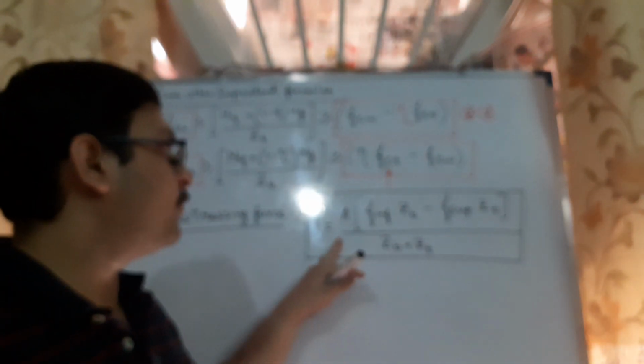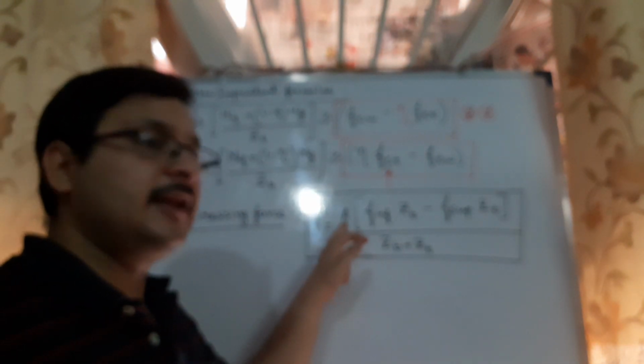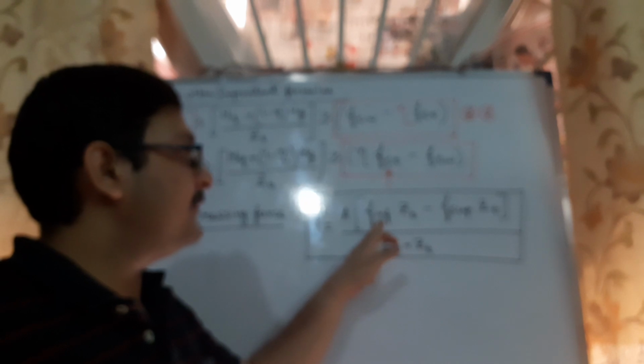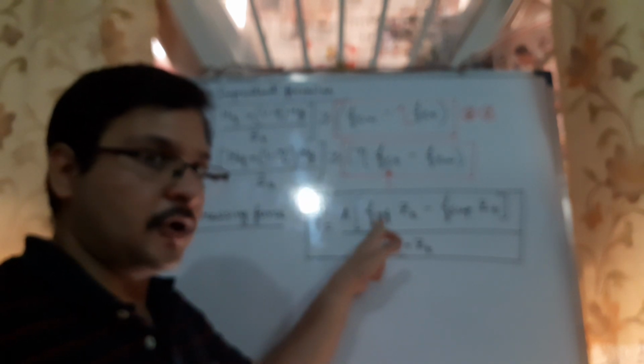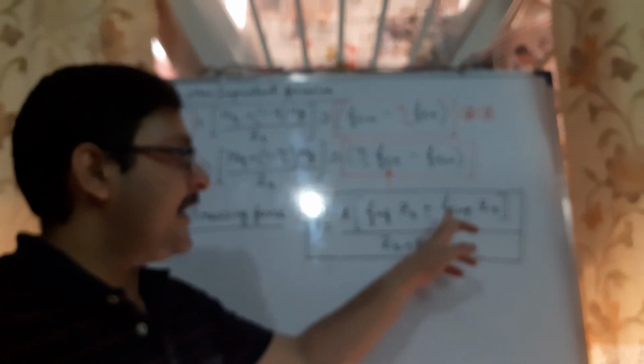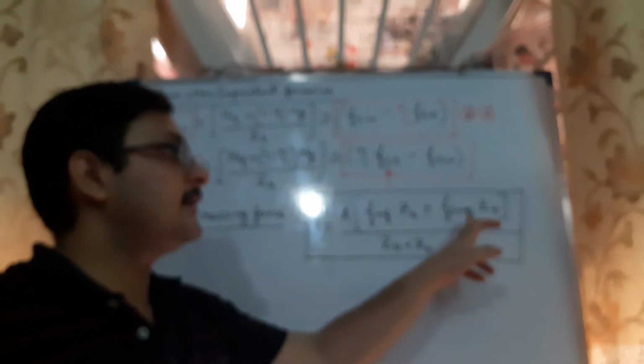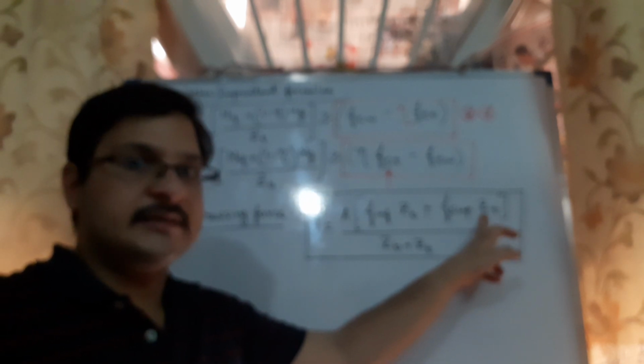The maximum prestressing force is A, the area of the section, F inferior, that is the stress at the bottom, multiplied with section modulus at the bottom, plus F superior, that is F at the top fiber, multiplied with section modulus at the top fiber, divided by Zb plus Zt. And the fourth and the last equation in this topic is the eccentricity.